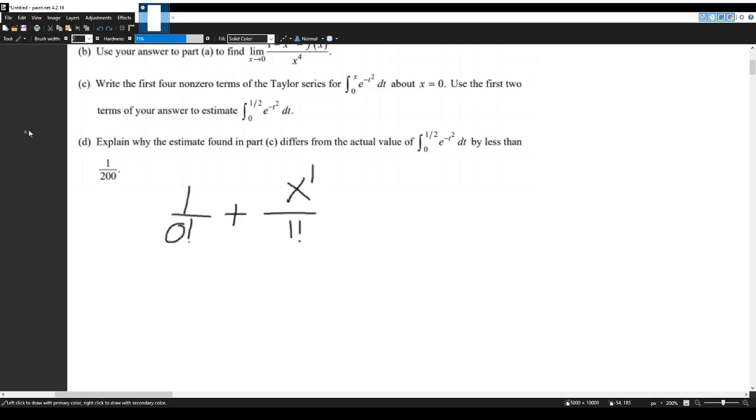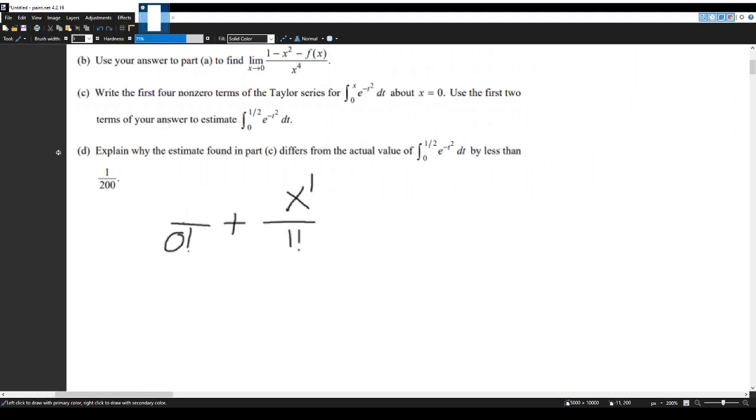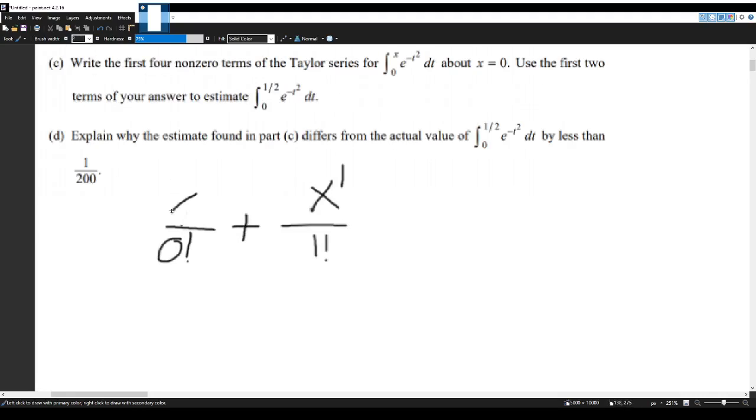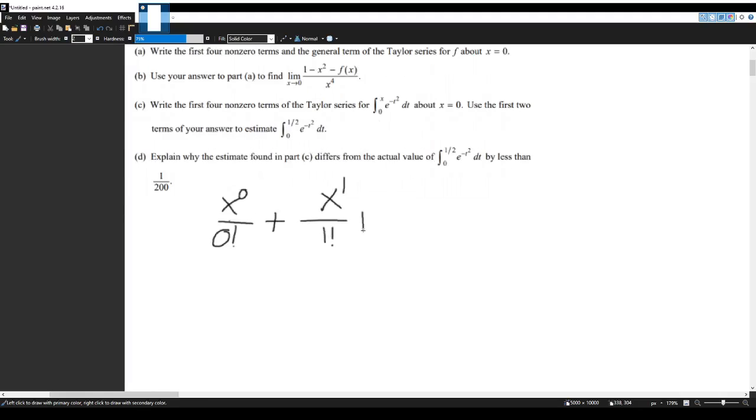And actually, I can even say x to the 0, plus x to the 2 over 2 factorial plus x to the 3 over 3 factorial.